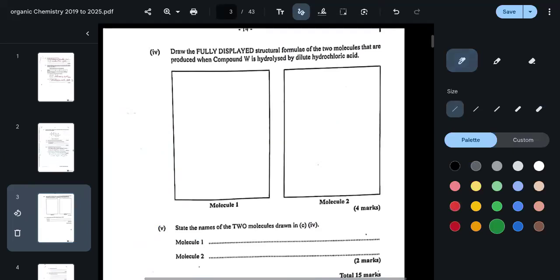It had 2 carbons. Let me just double check. Yes, 2 carbons. So it will be C, C, double bond O, OH. And the alcohol, that one had 3 carbons.